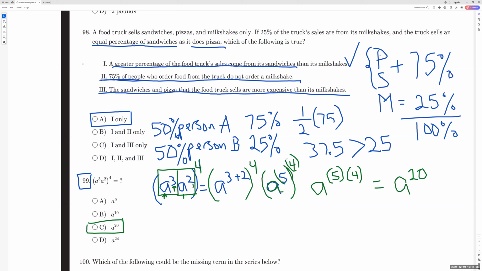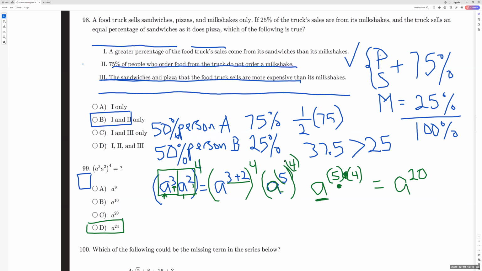It's the same base a, so we can add the exponents, and that will be 5. Once you have a single base with 2 exponents, we have to multiply. 5 times 4 is a to the 20. Okay, so now pause, continue, discontinue, do what you have to do.